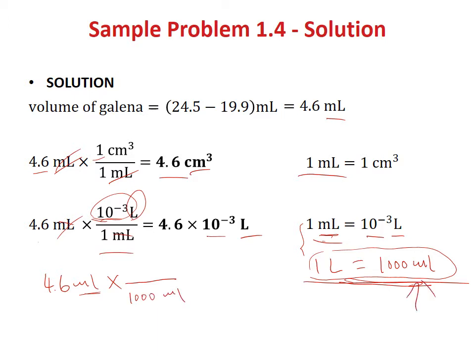This is 1,000 milliliter is 1 liter. Again, liter is greater, so 1 liter is 1,000 milliliter. This way, again, we cancel milliliter. Now the unit is liter, and 4.6 divided by 1,000 is the same answer as this one. 4.6 times 10 to the minus 3 gives you the same answer.